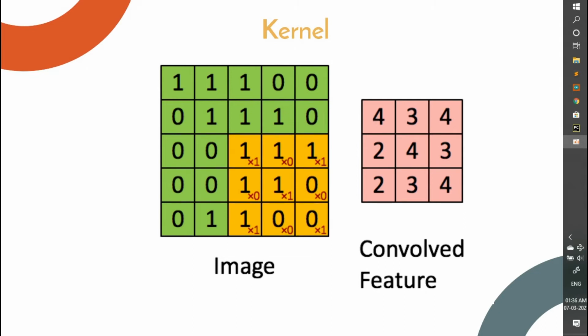Differently sized kernels contain different patterns of numbers and produce different results under convolution. The size of the kernel is arbitrary, but 3 by 3 is more generally used, as shown in the diagram. The process of sliding the kernel over an image is called convolution.